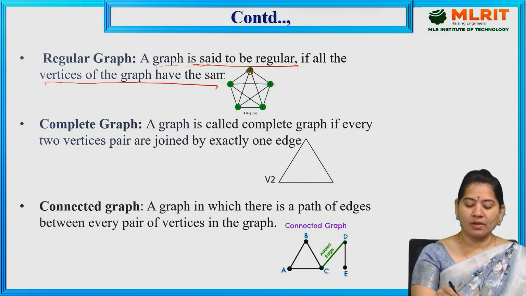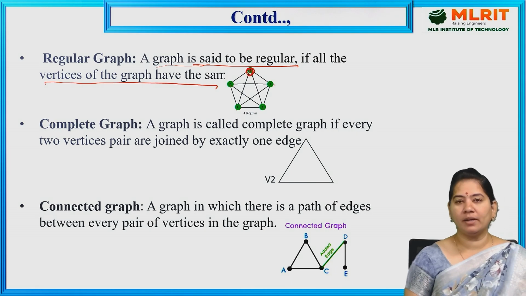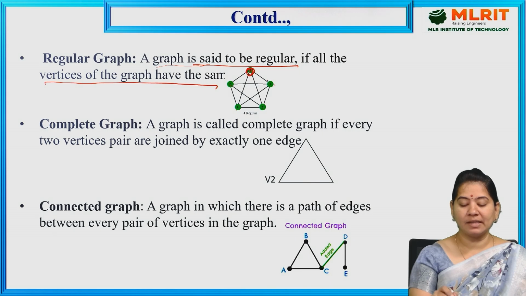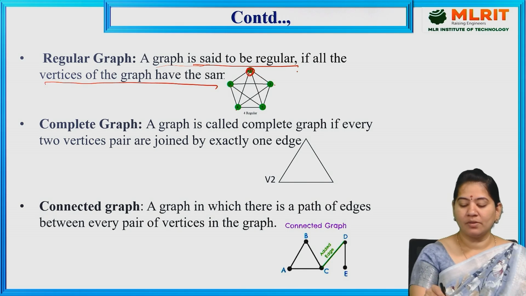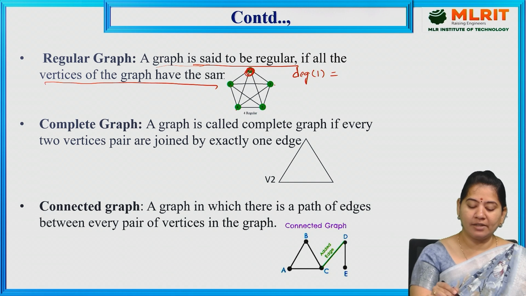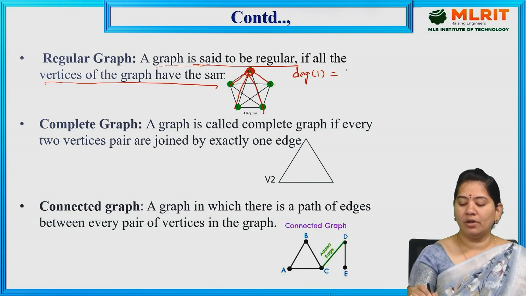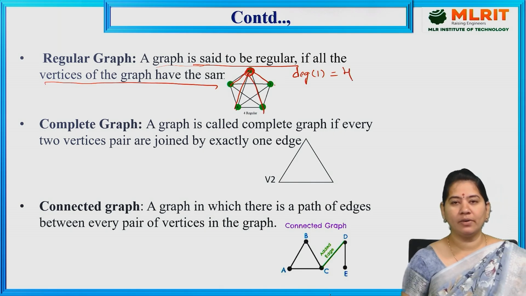For this particular vertex 1, the number of edges attached to it is called the degree of the vertex 1. Here, for vertex 1, this is one edge, this is another edge, 2, 3, 4. So altogether, degree of 1 is equal to 4.